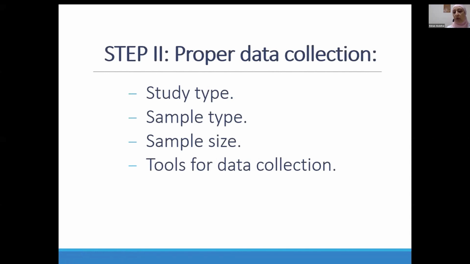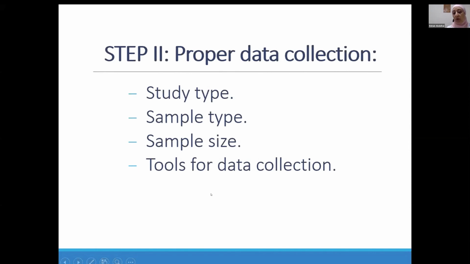So if I have 1,000 persons and I calculated the sample size of 100, how will I choose my 100 participants in a way that these 100 participants would represent the 1,000 participants that I have at the beginning as a population?